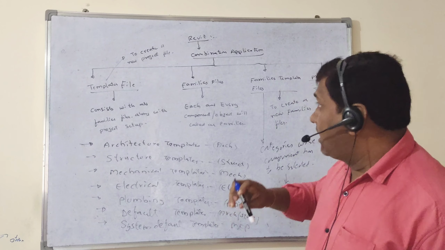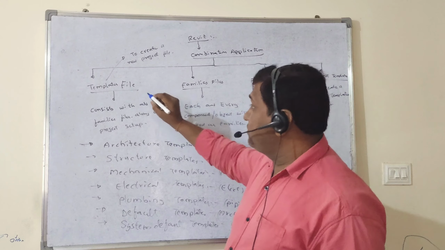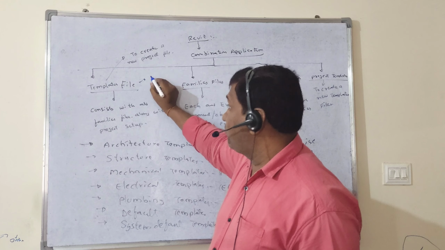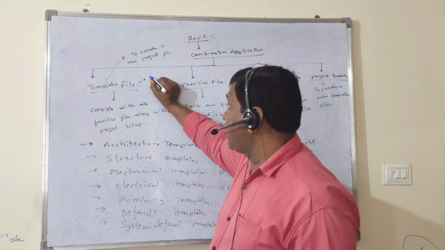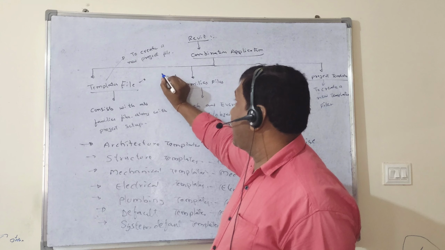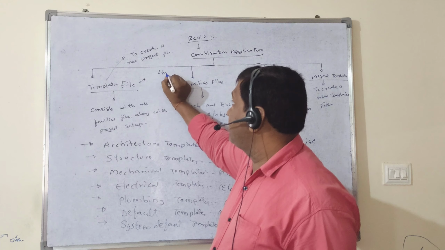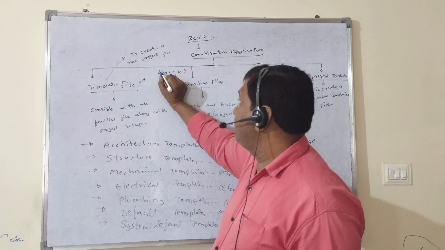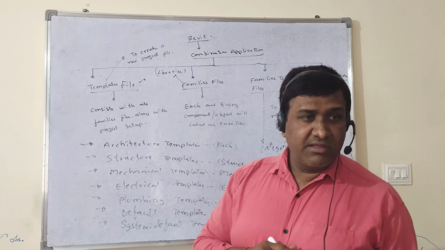Okay, so here the template files will have a separate folder, and the folder name will have template files only. But the family files will have a separate folder, and the name of that folder will be libraries.